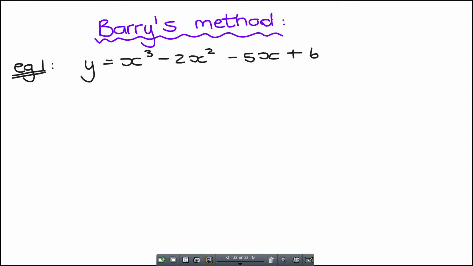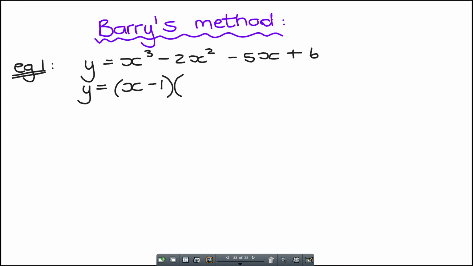Can you guys see that 1 goes in? If I substitute 1 for all my x values, my whole equation is equal to 0. Okay, so I then know that because it's 1, this bracket will be x minus 1.